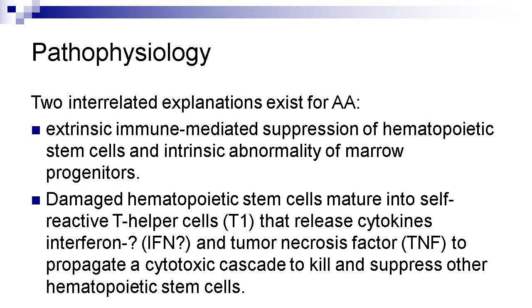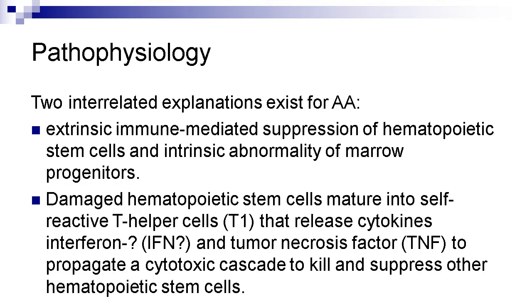In the first case, damaged hematopoietic stem cells mature into self-reactive T cells, also called Th1, that release cytokines, for example interferon gamma, alpha, or others, and tumor necrosis factor, to propagate a cytotoxic cascade to kill and suppress other hematopoietic stem cells, a matter of autoimmunity.